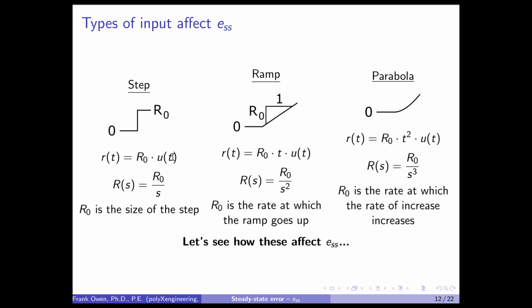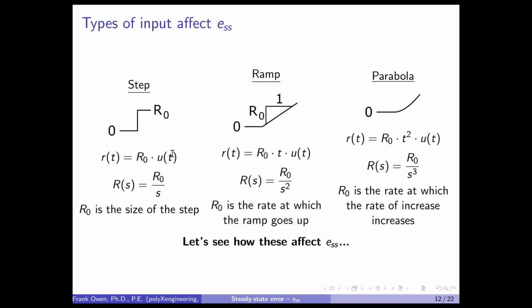Now, when you take the Laplace transform of this function here, all I've done is take the Laplace transform of r(t) to get into the algebraic domain. R0 is a constant, and the Laplace transform is linear, which means that you can pull the R0 out in front of it.